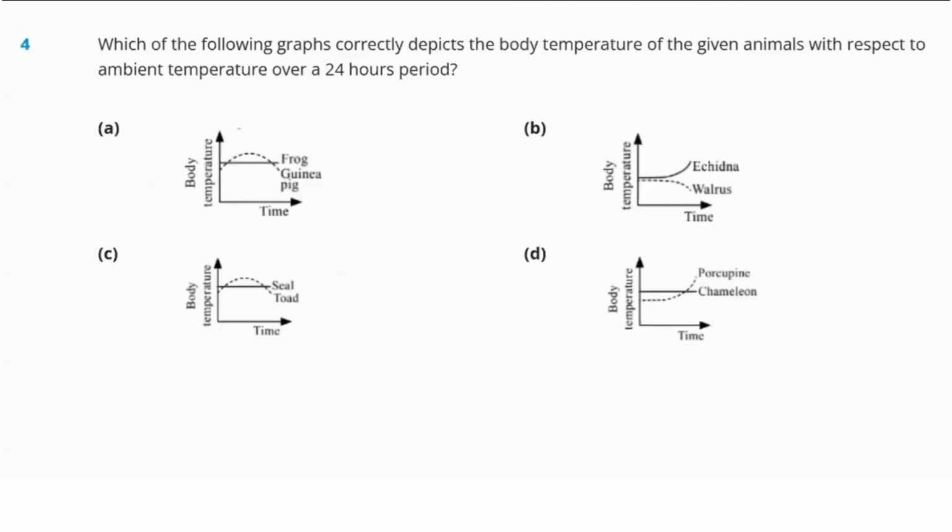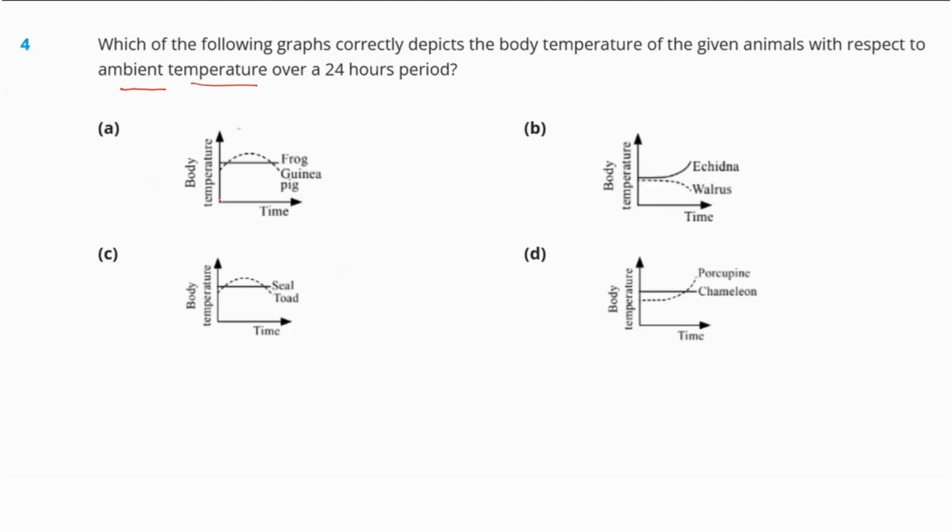Now, fourth question: which of the following graphs correctly depicts the body temperature of the given animals with respect to the ambient temperature over a 24 hour period? So everybody, what is ambient temperature? Ambient temperature means the regular temperature of that area.